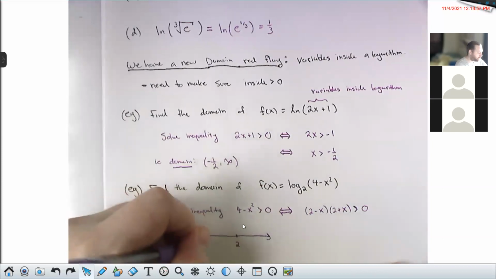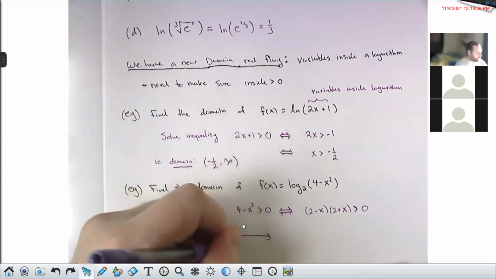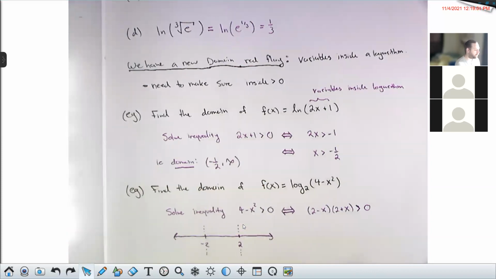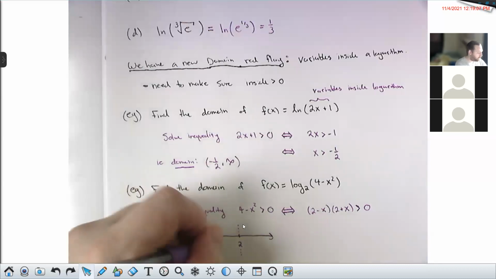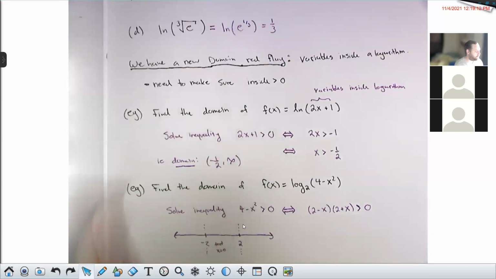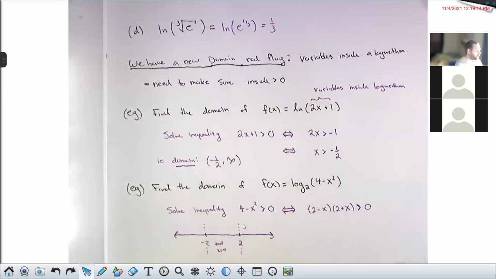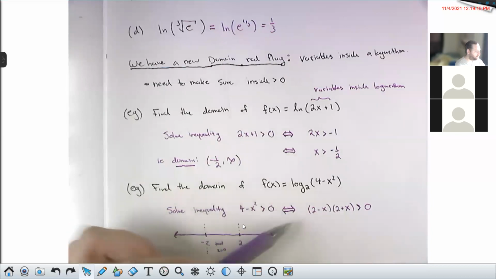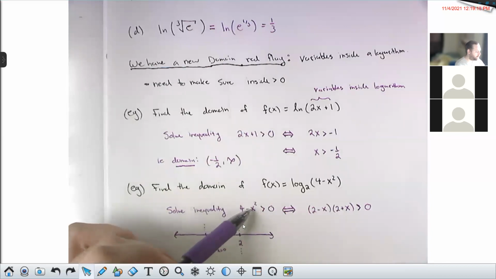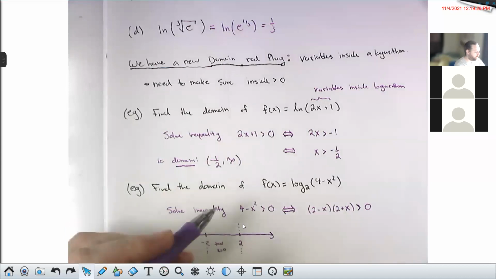That splits the real line up into several regions, and we've got lots of options. We could test a point. We could use end behavior. We could do all sorts of stuff. In here, let's imagine that I just test x equals 0. If I plug 0 in for x to any of these forms of the inequality, I'll get 4 minus 0 squared is greater than 0.